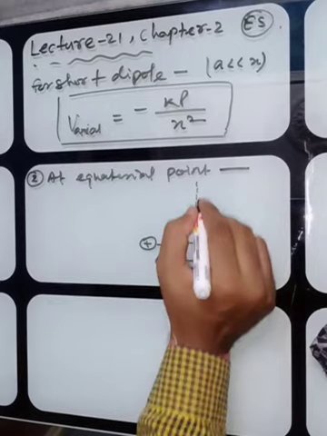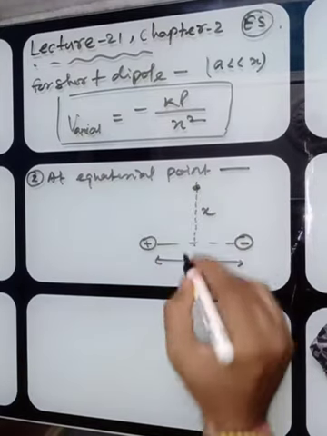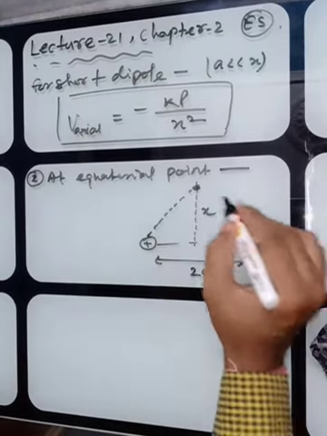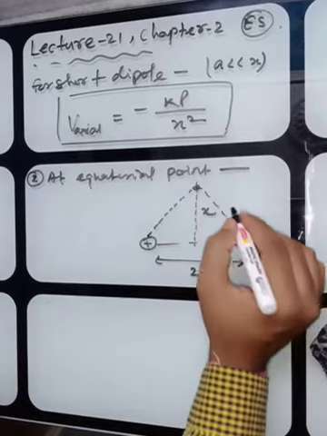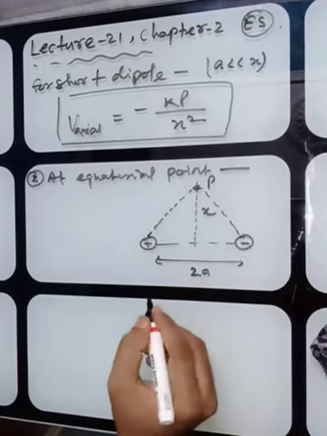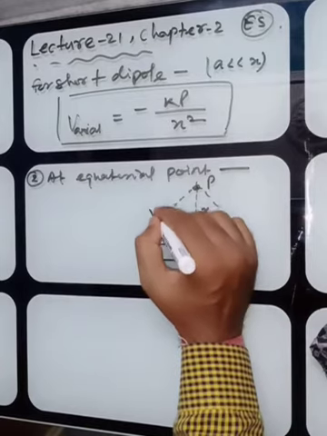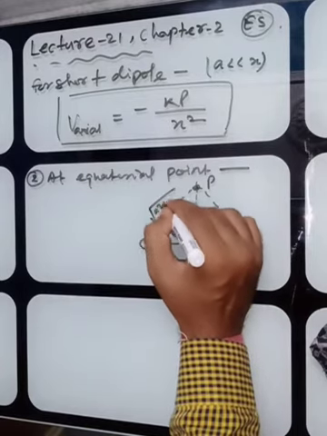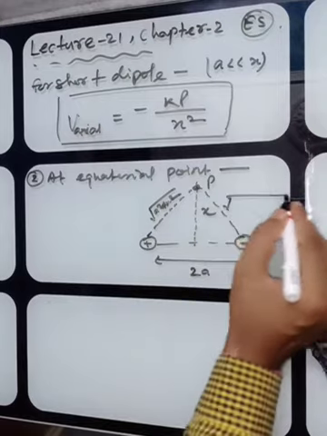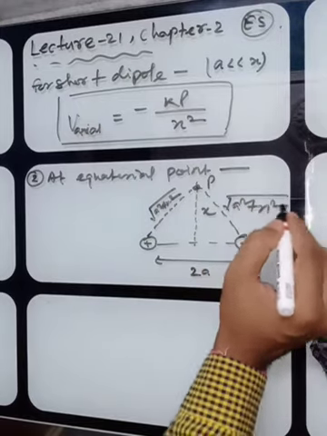At distance x we wish to find the potential at this point P. If this is x and this is a, then this distance will be the square root of a square plus x square, and this is also the square root of a square plus x square.